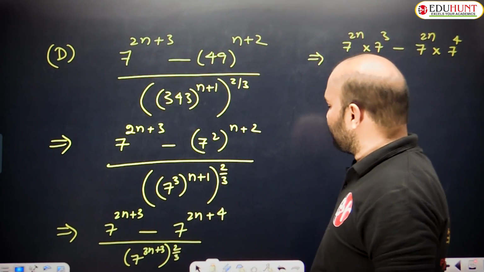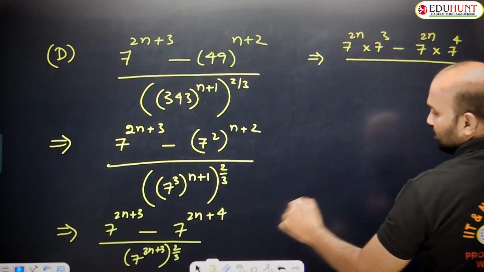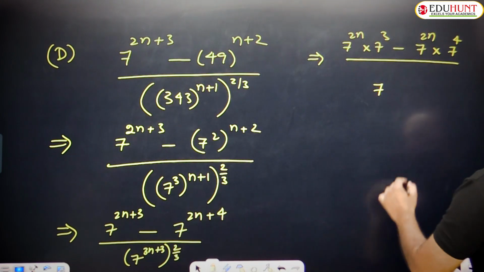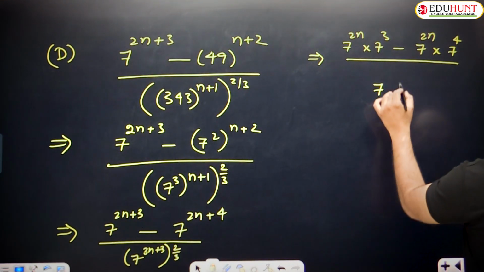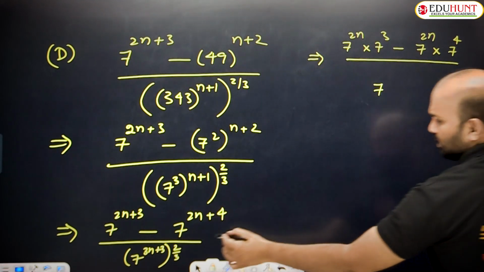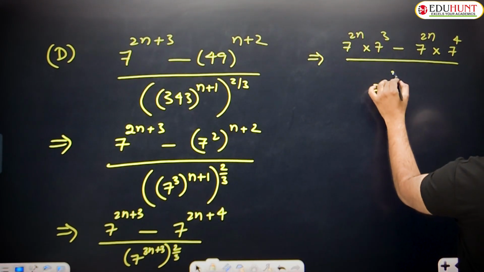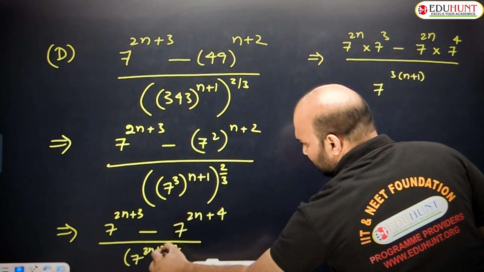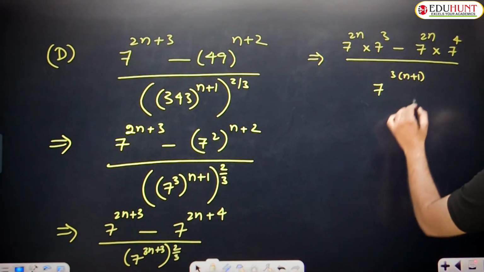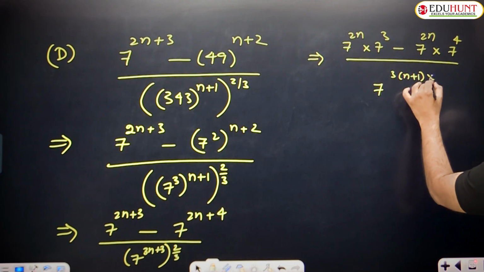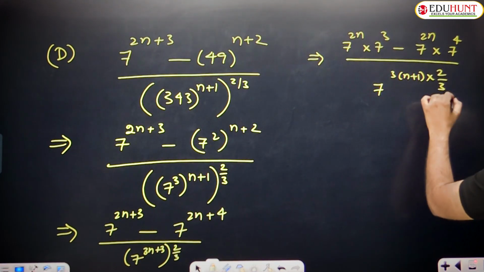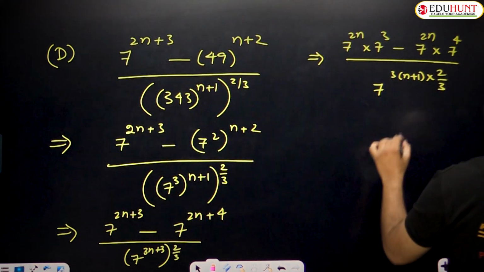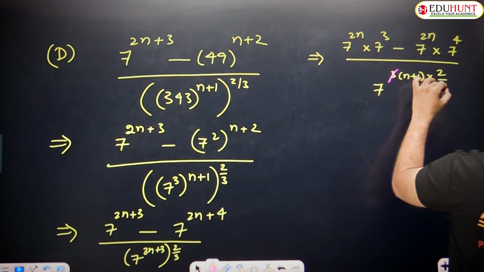Then 3n plus 3, taking 3 common, can be written as 3 into n plus 1, whole power 2 by 3. Here 3 cancels, since a power m whole power n is a power m into n.